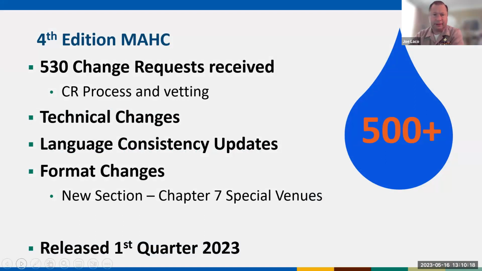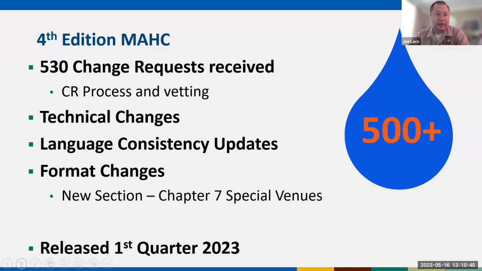So, changes from the 3rd edition to the 4th: we had over 500 change requests that were submitted. It was a very daunting task to go through all of those and take every one of them seriously. And we did that with the help of our technical support committees and our technical review committee.